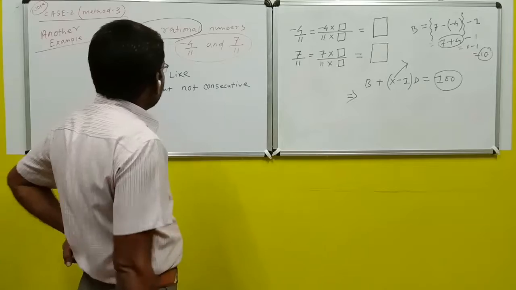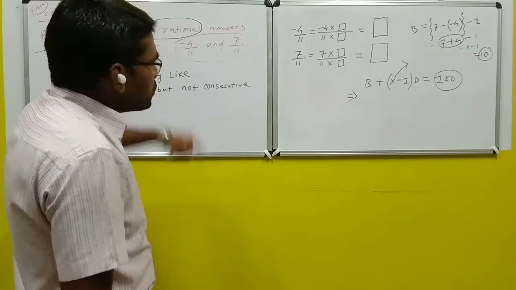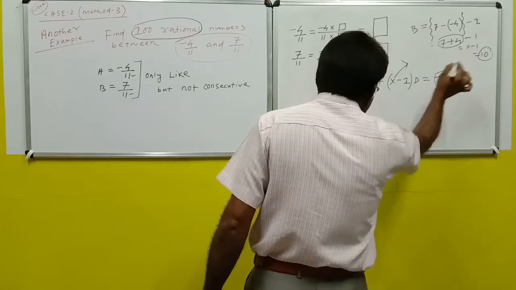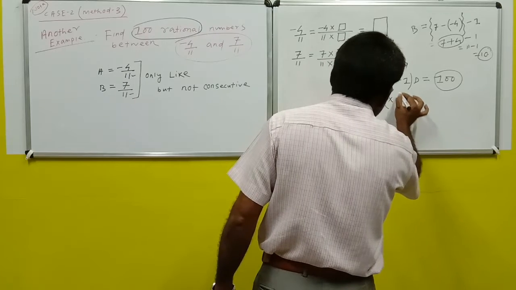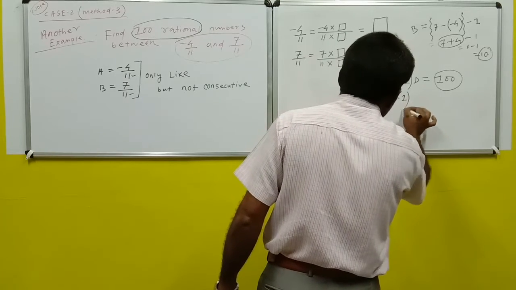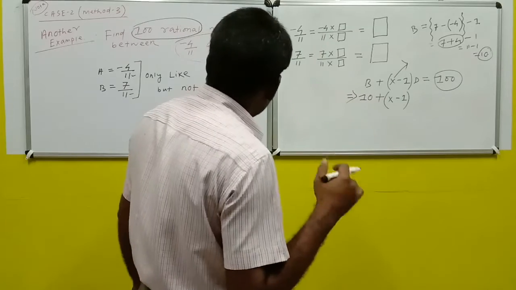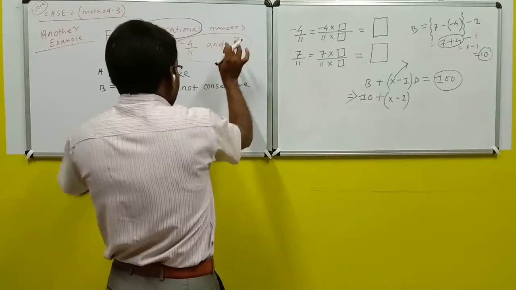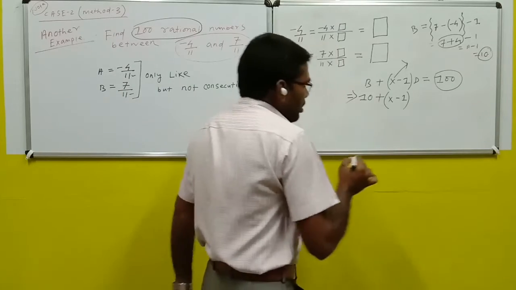But in the question you are asked to find 100 rational numbers. So the value of b will be taken as 10, plus (x minus 1), x will remain the same because it is unknown. Now the value of d. d is the difference between the numerators of both rational numbers, so what will be the value of d?